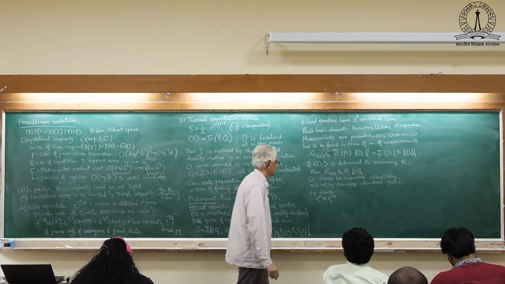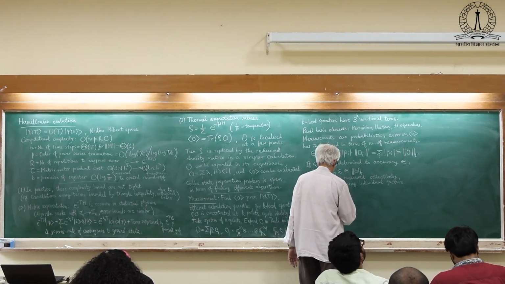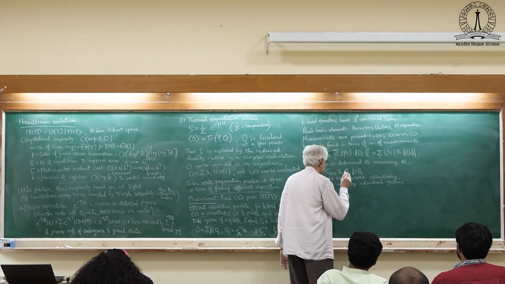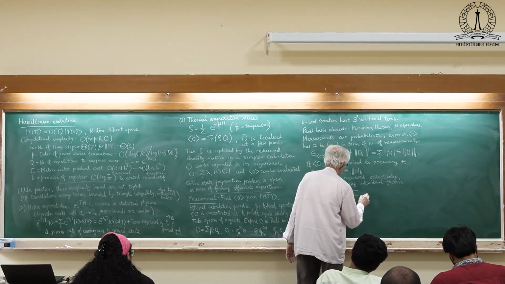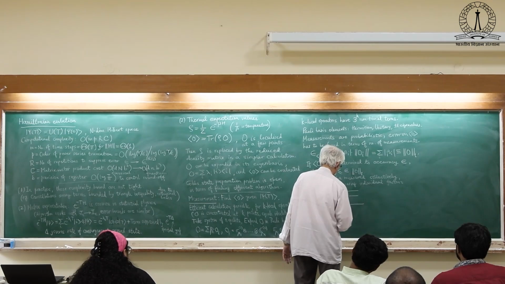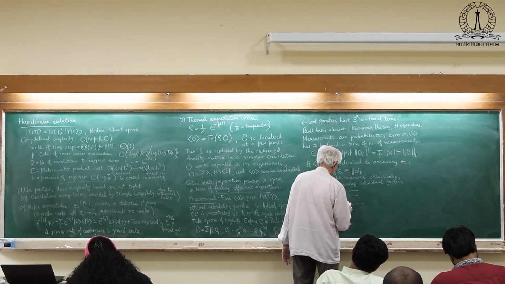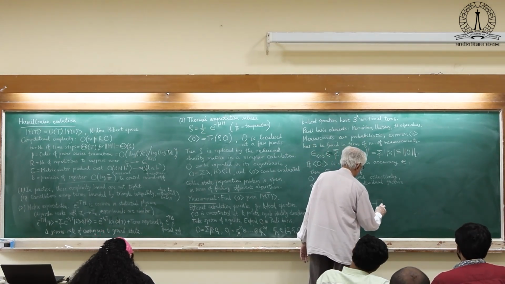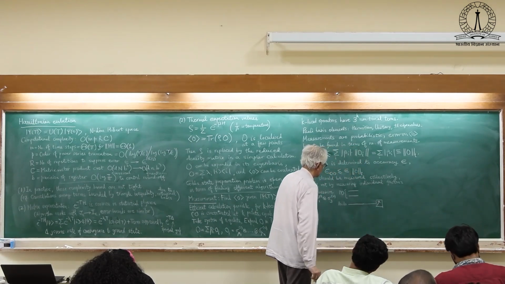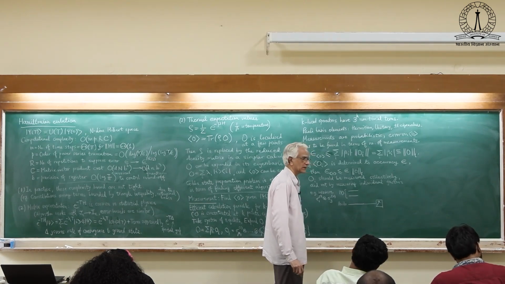Suppose I want to do that, there will be some two-qubit state psi, and I have an ancilla, and the ancilla will be measured at the end, and you can call it 0 and 1, or you can call it 1 and minus 1.